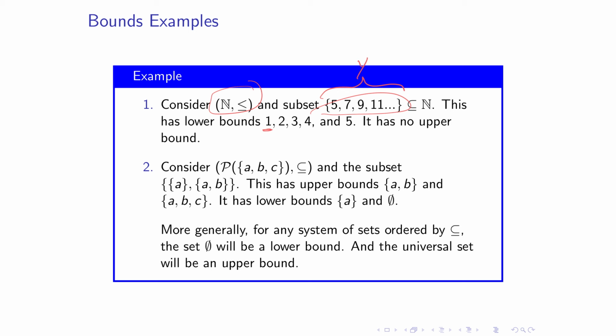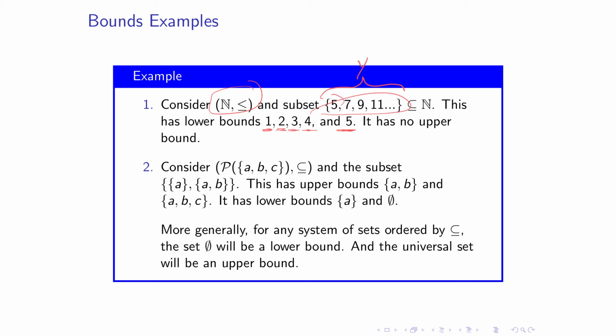So if we work with that assumption, then 1 would be the least lower bound, then 2, 3, 4, and notice technically 5 is also a lower bound on this set y.